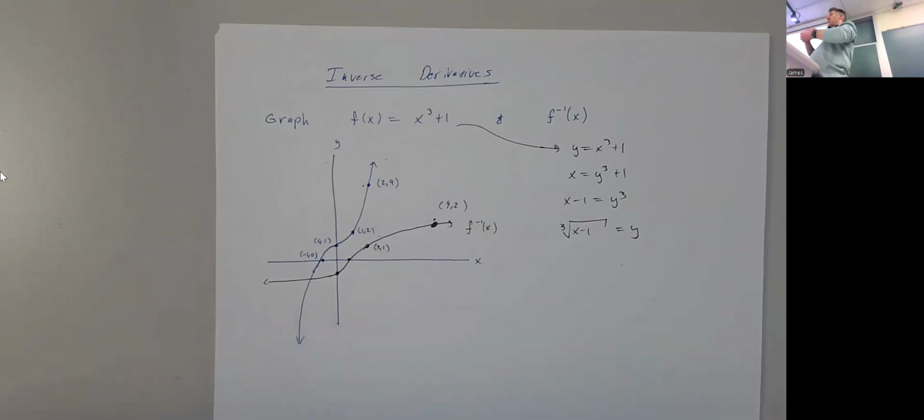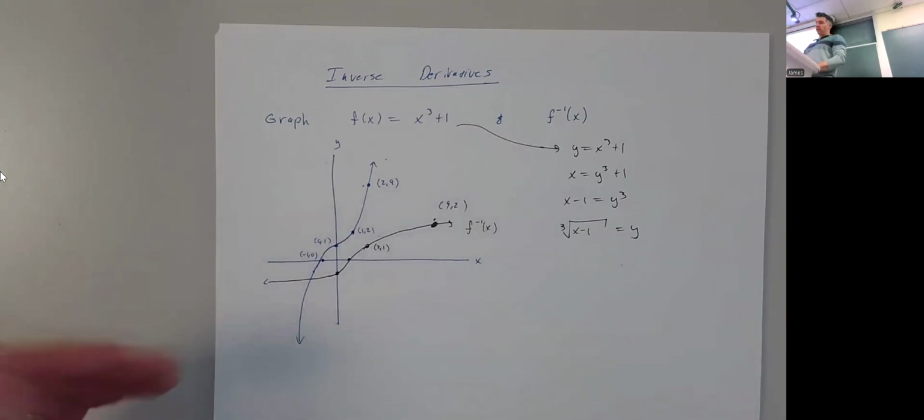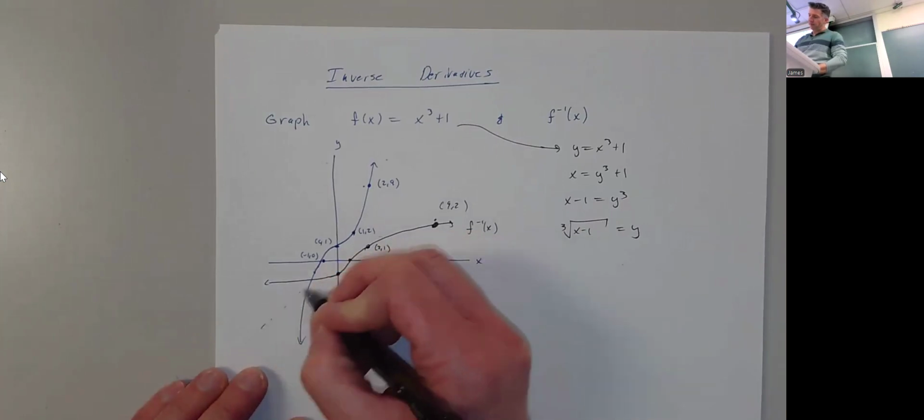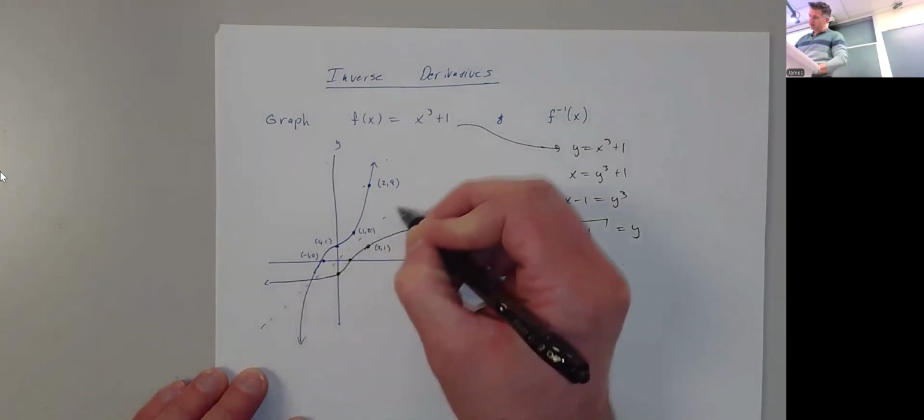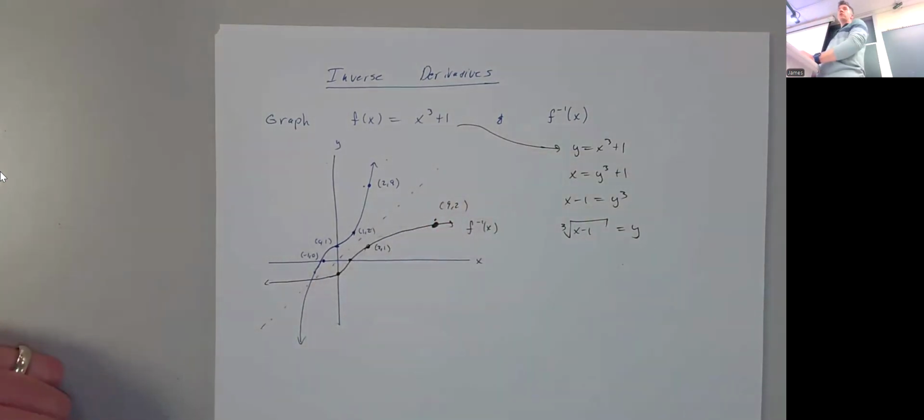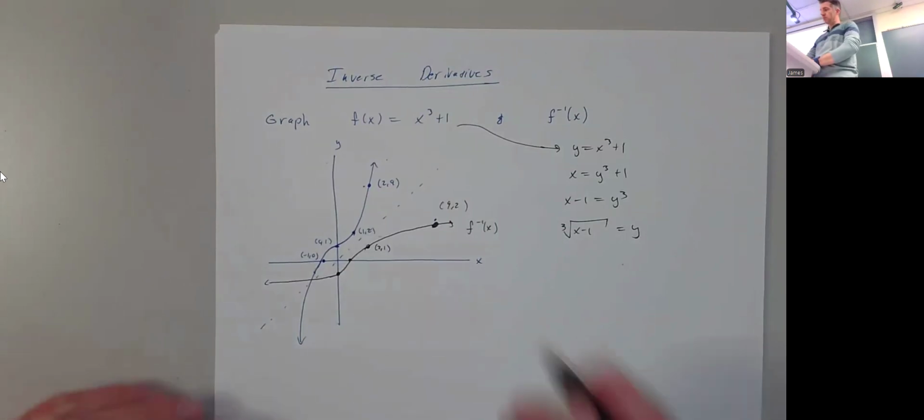So there's a lot of symmetry going on here. In fact, one way to think about inverse functions is that they're literally reflections of each other across the line y equals x. My graphing skills notwithstanding, those look like they are reflections of each other across the line y equals x, give or take.